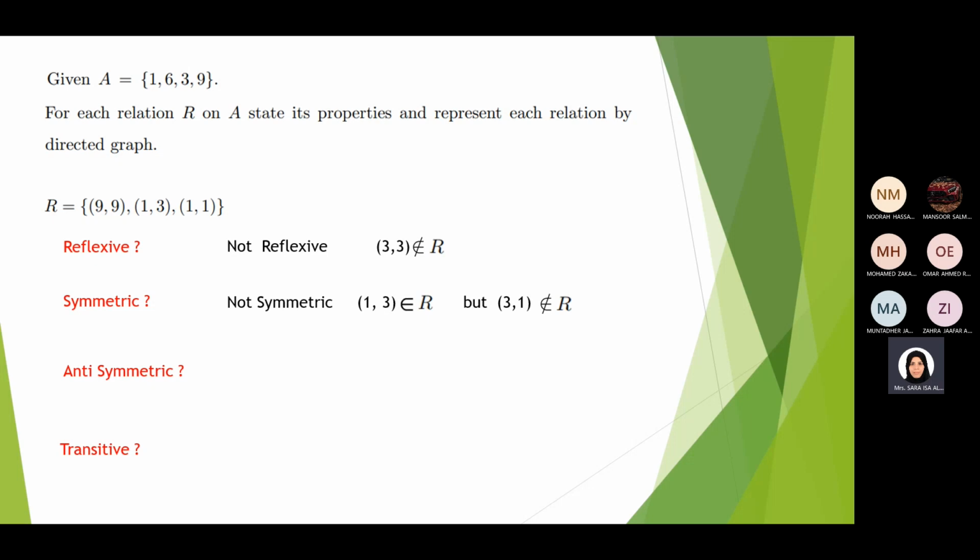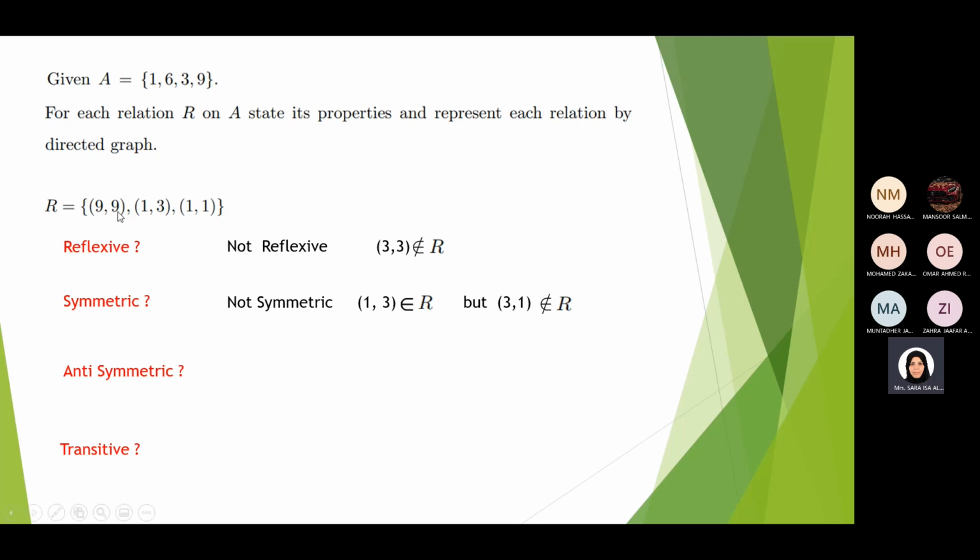Is it antisymmetric? Yes. Why? Because there is 1, 3, but there is no 3, 1. Antisymmetric says if A is related to B and B is related to A, then I can conclude that A and B are the same element.